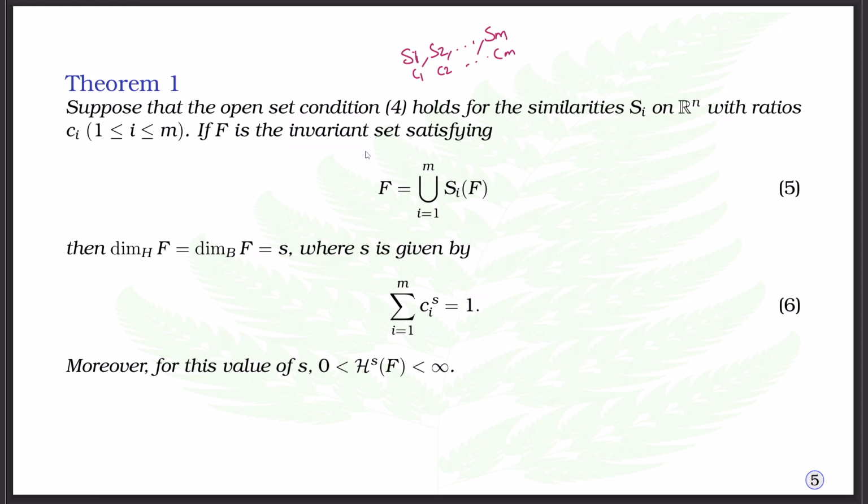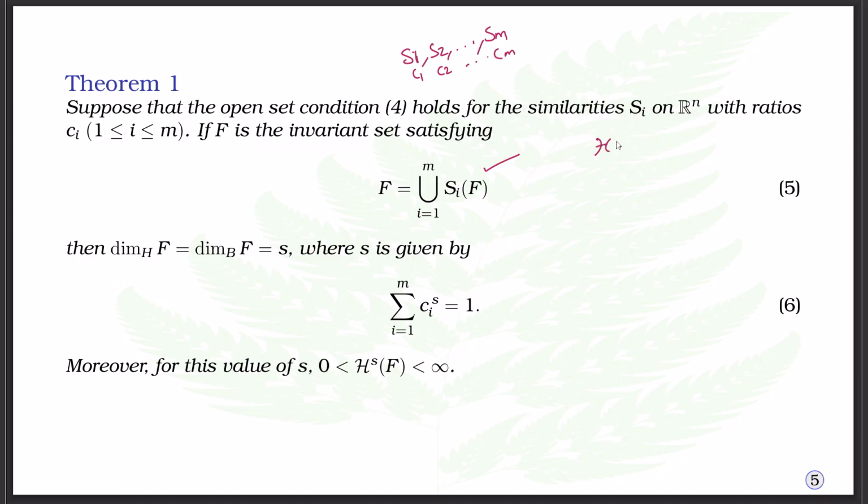If F is the invariant set satisfying F equal to the union over i equal to 1 to m of S_i of F, that means the Hutchinson mapping we are defining. Then we know that the S_i are similarity mappings on R^n, so it is a complete space.